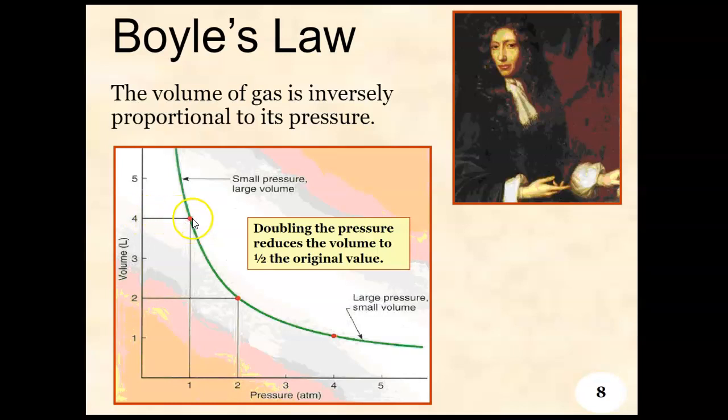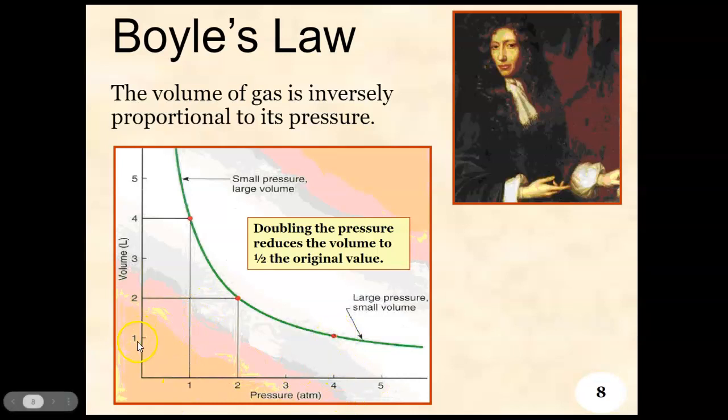If I double the pressure, I go up to 2 atm, and you'll notice volume is halved. So it's now down to 2 and 2. Now, say I go from 1 to 4, look at this.